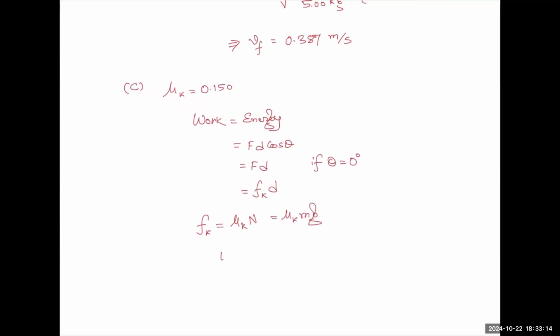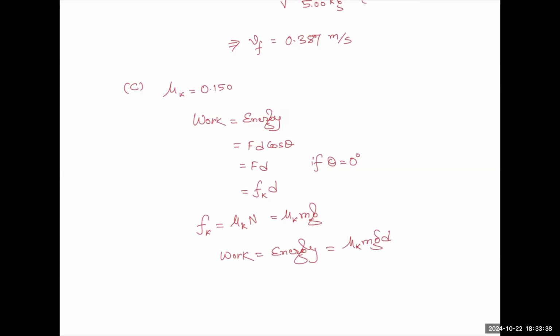So that means work, which is energy, is equal to mu k m g d, where d is the displacement. That's how work or energy is related to the friction coefficient.